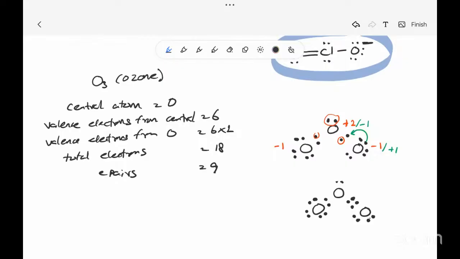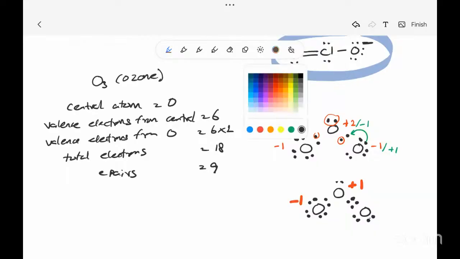Then we have formal charges. Here we have plus one on top of the central atom. Here we have minus one. If you check the electron octet, central atom has also fulfilled the electron octet. All others have also fulfilled the electron octet.